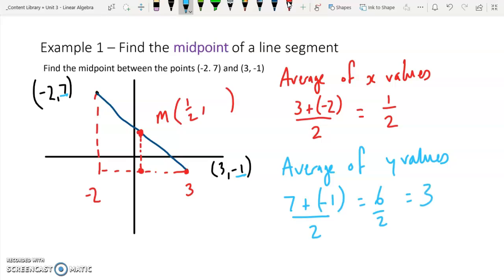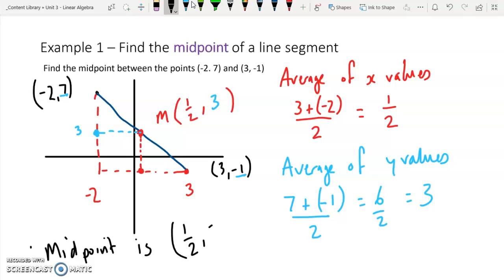So our midpoint here is 3. So half, 3. Then just finish the question. Therefore, the midpoint is (1/2, 3), and that's how you find the midpoint.